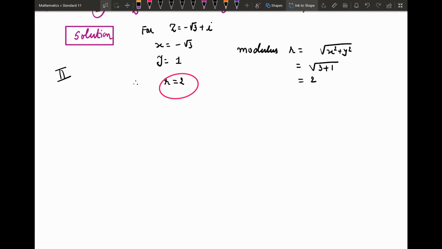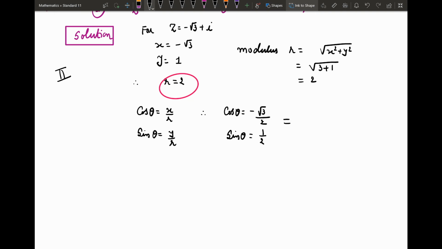Cos theta equal to x by r, sin theta equal to y by r. Therefore cos theta is minus root 3 by r, it is 2, so minus root 3 by 2, sin theta is y by r, 1 by 2.